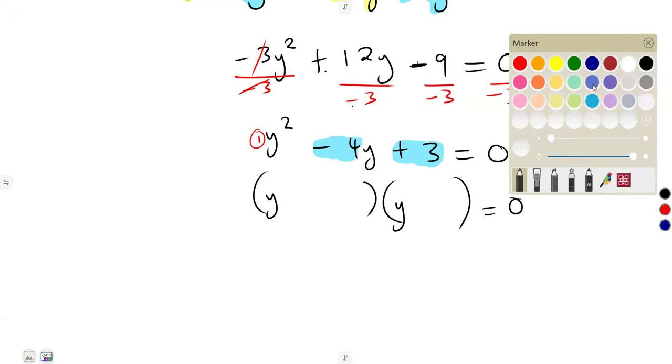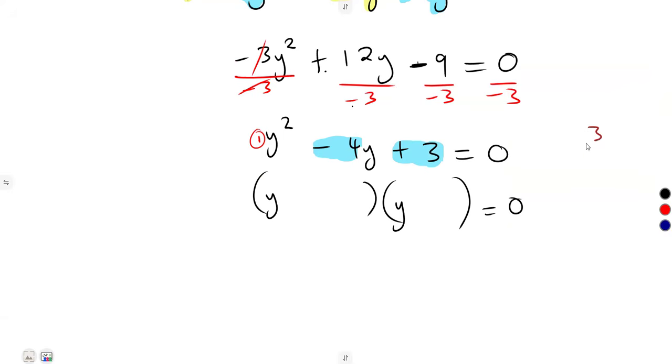So which are the products here? 3. Thus we've got 3 and 1, minus 3 and minus 1. The pair where we obtain a negative 4 when we add them is negative 3 and negative 1. So we need negative 3 and negative 1. That is the condition.